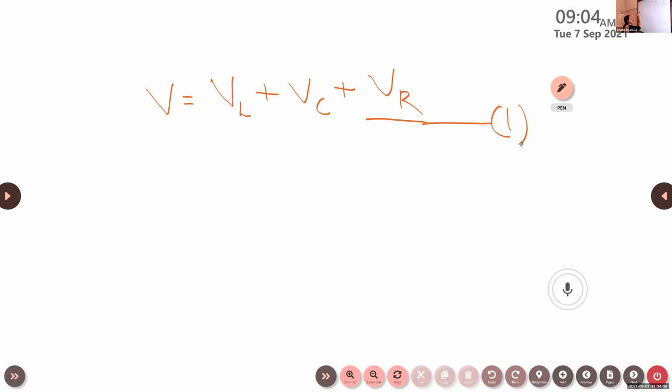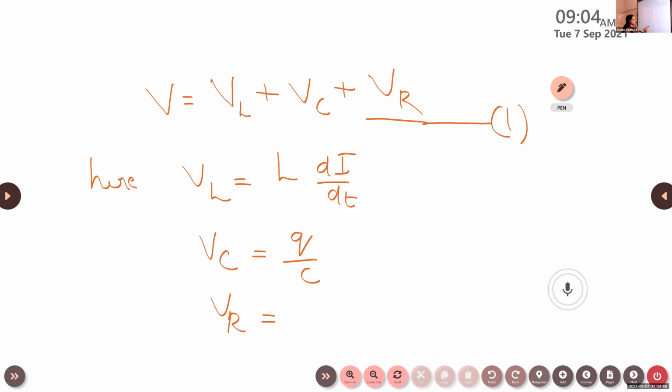But here VL is equal to inductance L into di by dt. Similarly, VC is equal to Q by C, and VR is equal to the product of current I into R, that is IR.